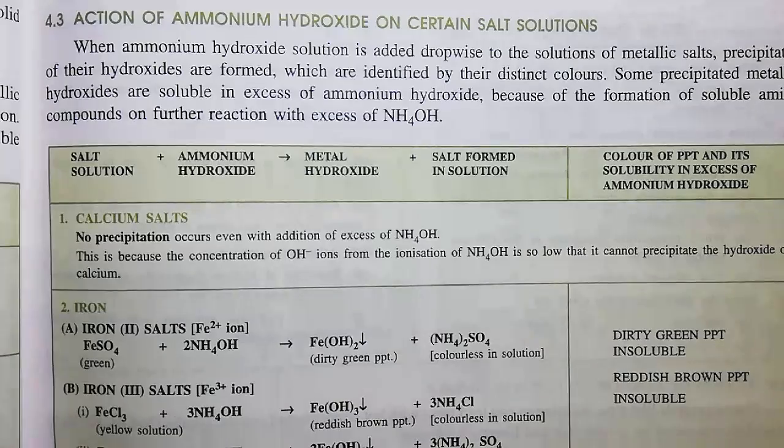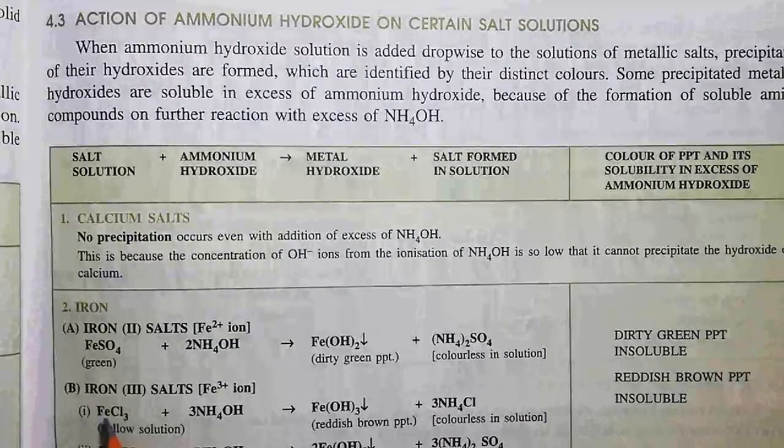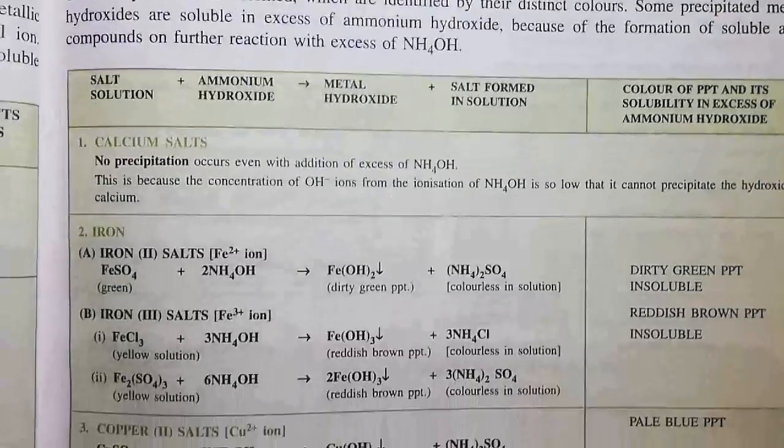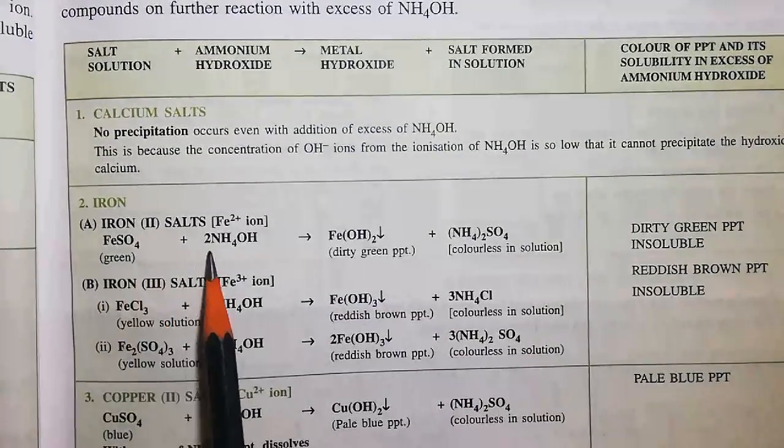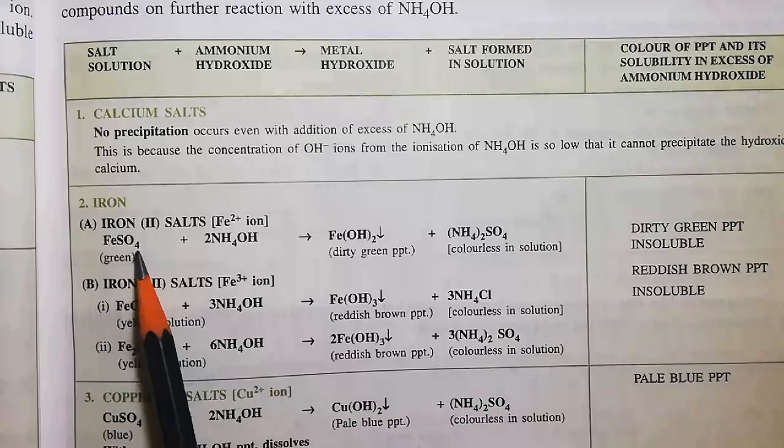After sodium hydroxide, next we will use ammonium hydroxide, the weak alkali, with the same metal salts, that is ferrous, ferric, copper, zinc, lead. So let's start with ferrous salt and ferric salt, and how they look I have shown you.